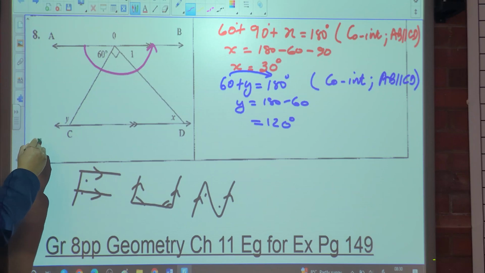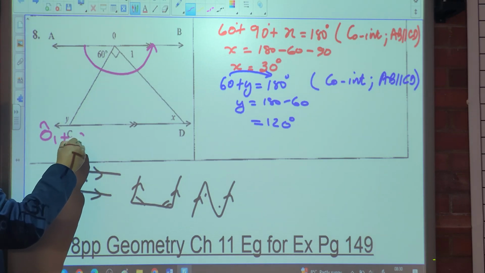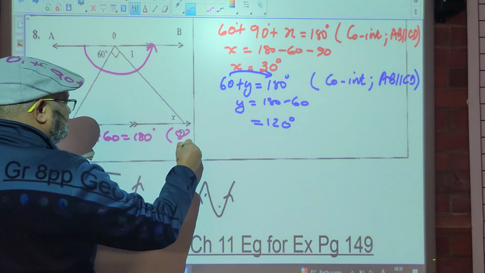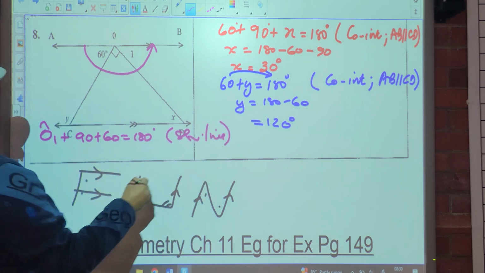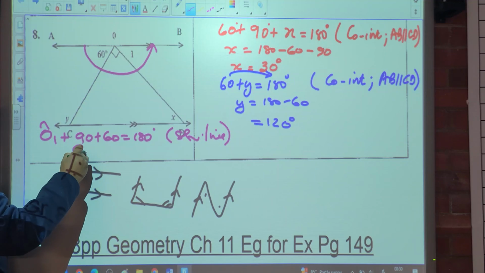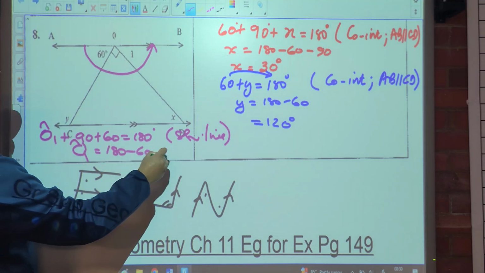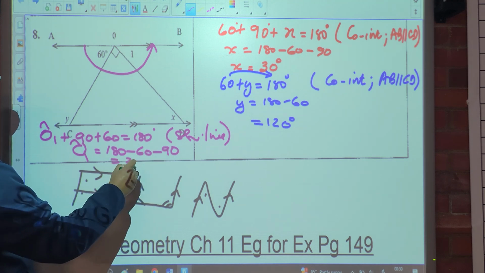So I know that the angle plus 90 plus 60 is equal to 180, angles on a straight line. So that angle is equal to 180 minus 60 minus 90, which is 30 degrees.